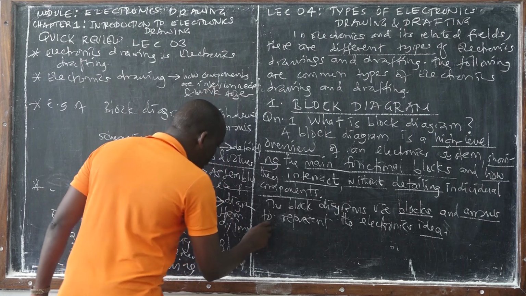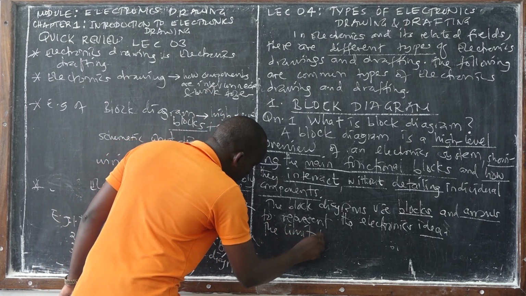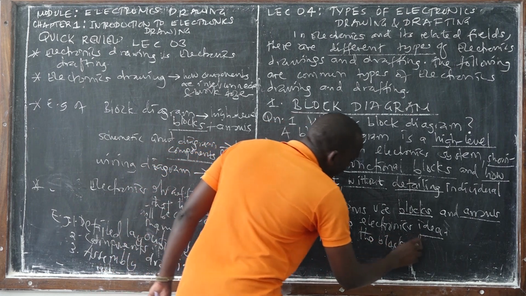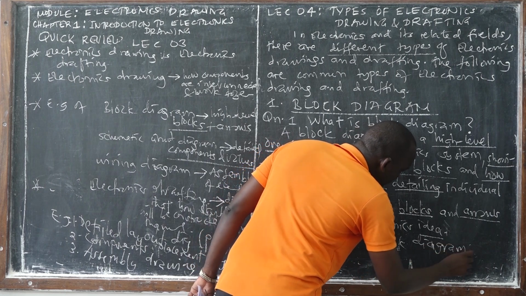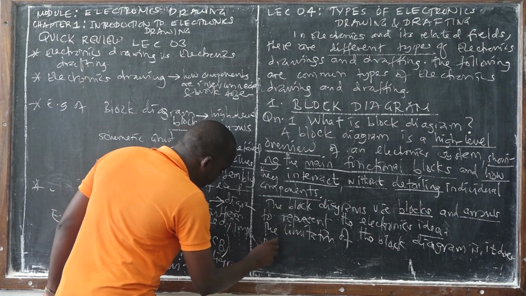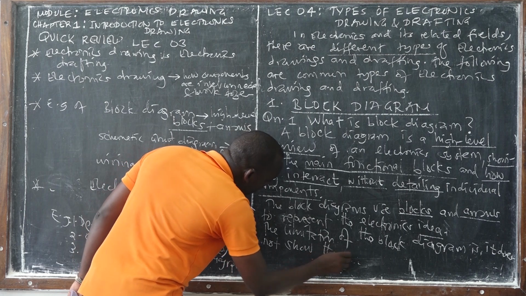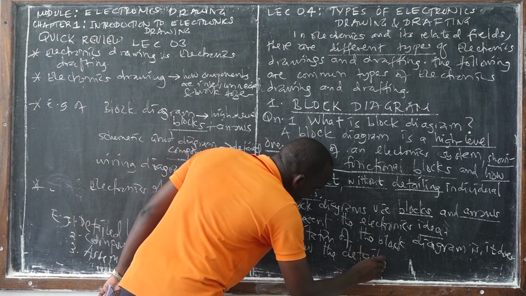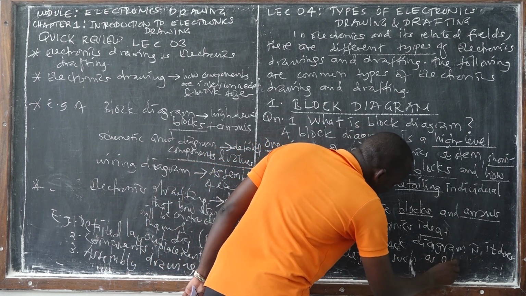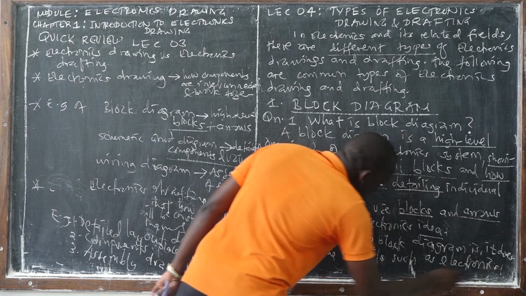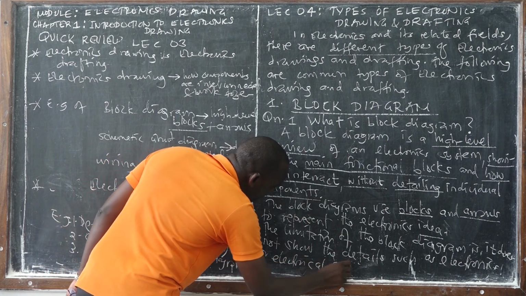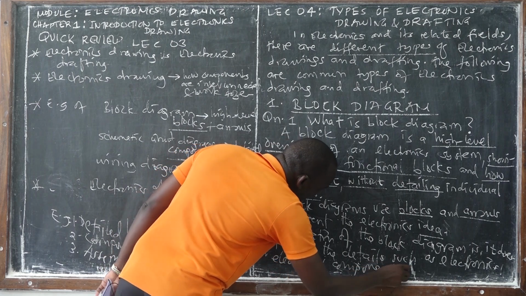So the limitation of the block diagram is that it does not show the details, such as the electronics or electrical components required to be used in that design.